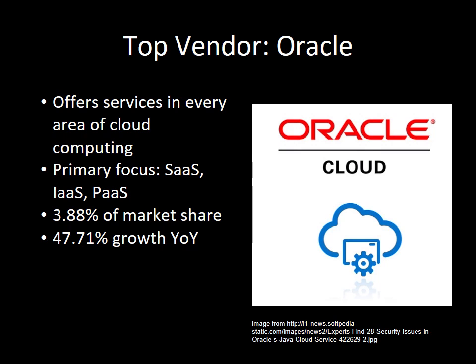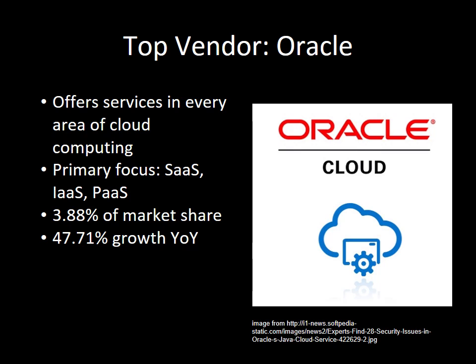Oracle is another major name brand in infrastructure and service support systems for corporations. They've made their name in terms of support for personnel services. They are now reaching out into every other area of cloud computing, SaaS, IaaS, and PaaS.